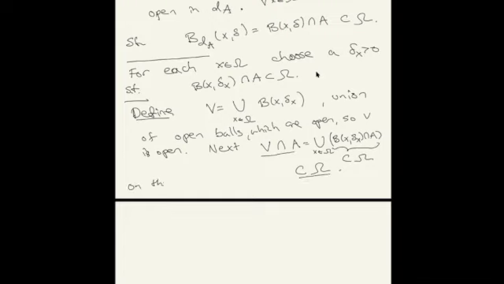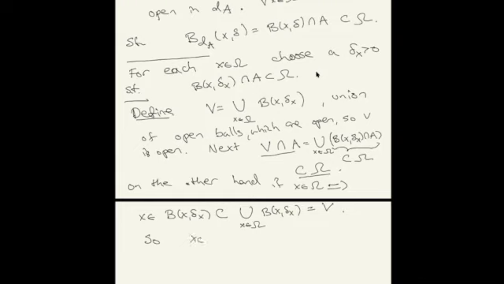On the other hand, if x is in omega, then x belongs to B(x, delta x), and this is contained in the union, because this contains all the points that belong to some of these balls, and this is equal to V. So x is in V for all x in omega.